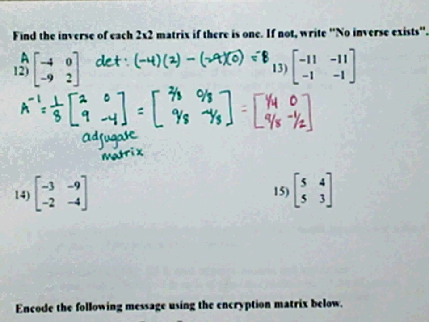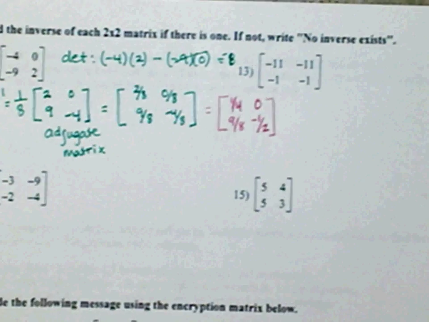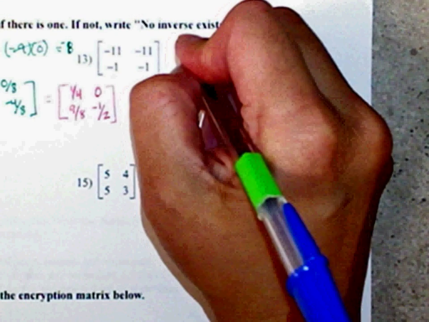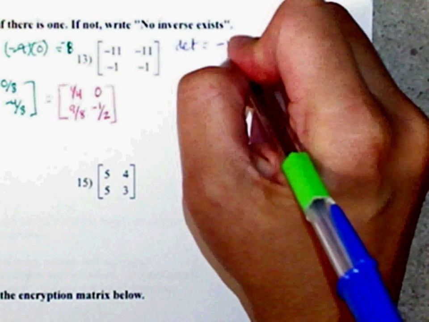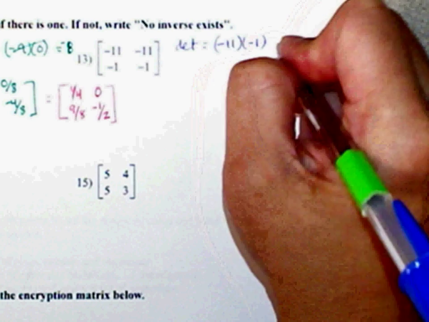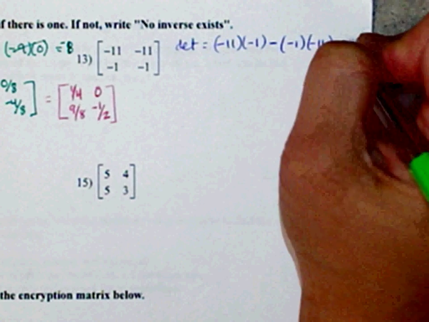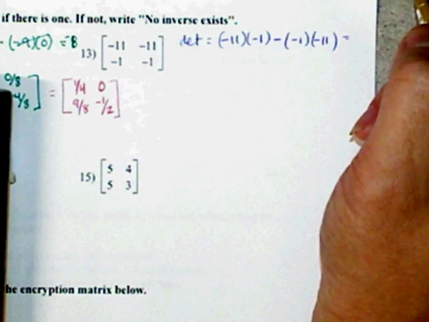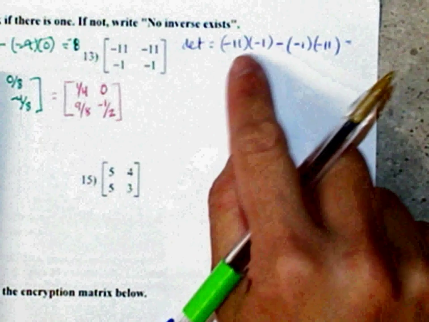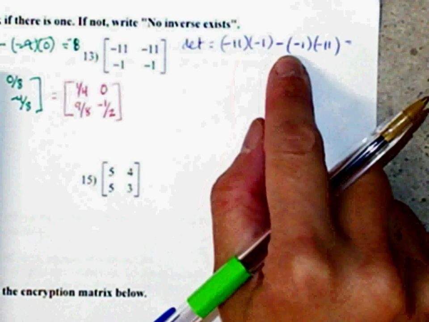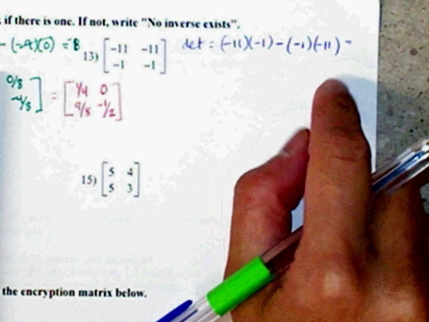All right. Number 13. Let's find our determinant first. Your determinant is going to be negative 11 times negative 1 minus negative 1 times negative 11. And I can do all that in my calculator, as you can see. Negative times negative is positive 11, minus a negative times a negative is 11.